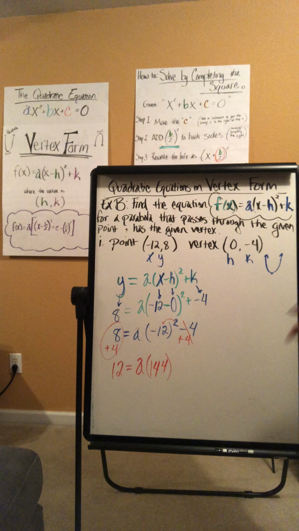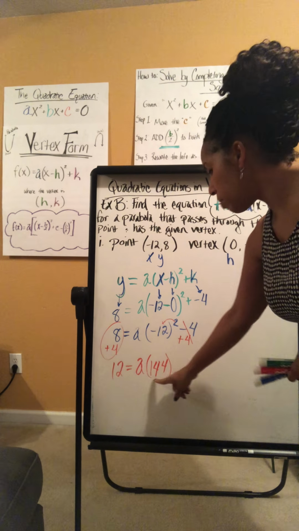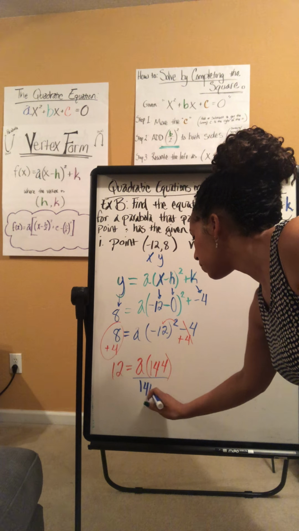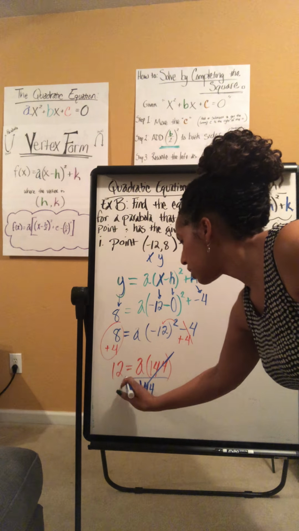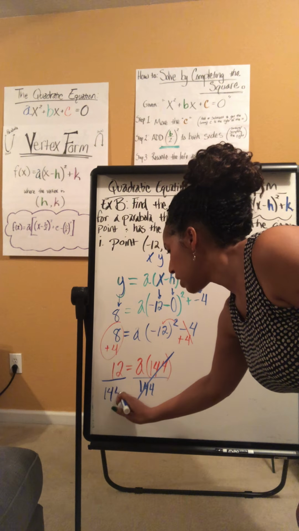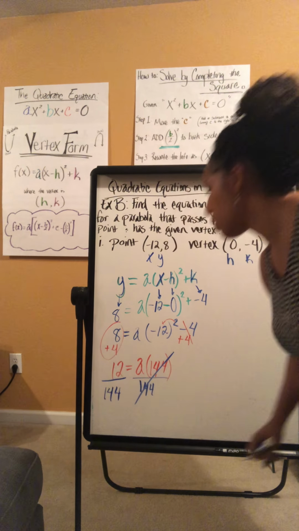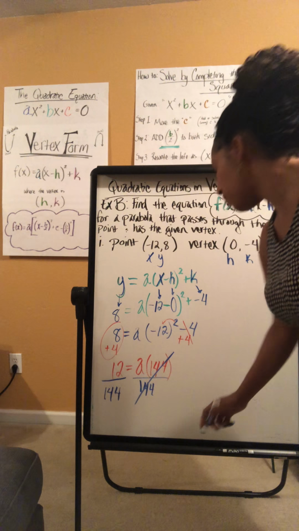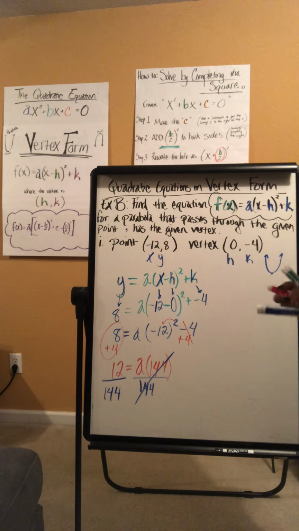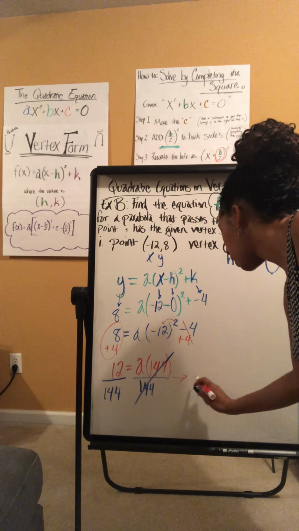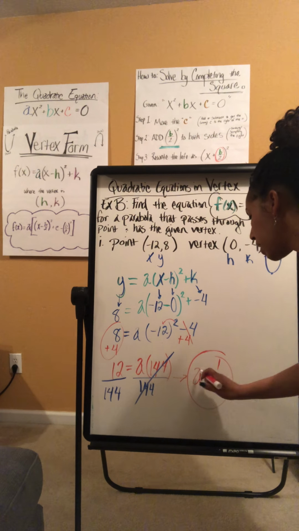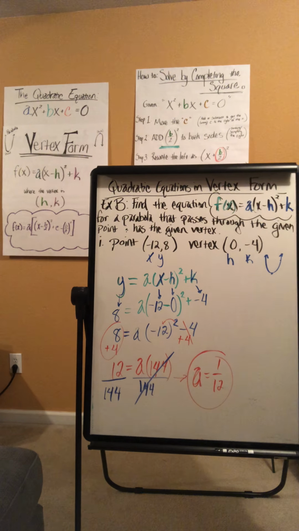All right, I'm almost there. If I want a all alone, it's being multiplied by 144, so I would need to divide by 144. That'll cancel it out. Whatever I do to one side, I must also do to the other, and that leaves me with a all alone is 12 over 144, which will reduce to 1 over 12. Great. So now I know that a is 1 over 12.